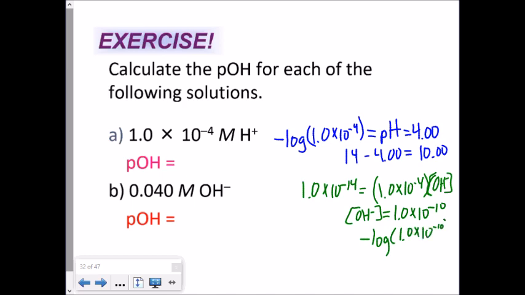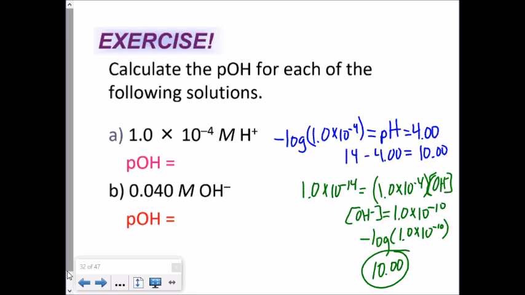So there are various ways to work it, and we would still end up with a pOH of 10. You could do the blue way up here, the first way, or the green way, which would be the second option. Whichever way works better and faster for you, please use it.